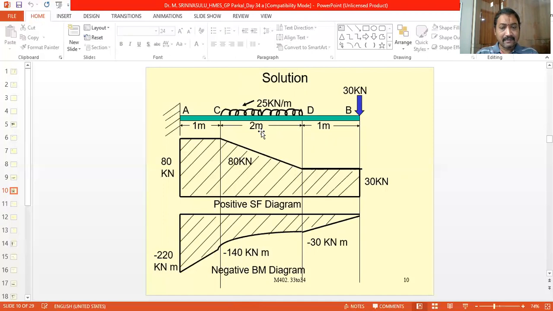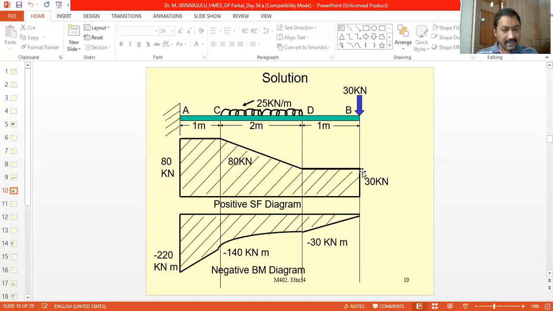And by just seeing these, we can observe from the SF and BM diagrams, very simply, at what point the shear force is maximum, or minimum or zero, and where the maximum bending moment is occurring.